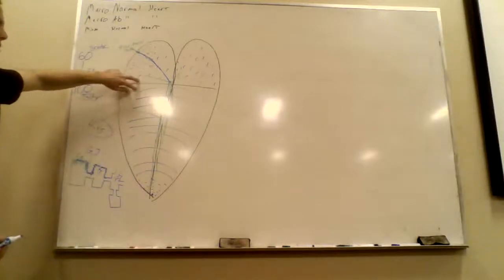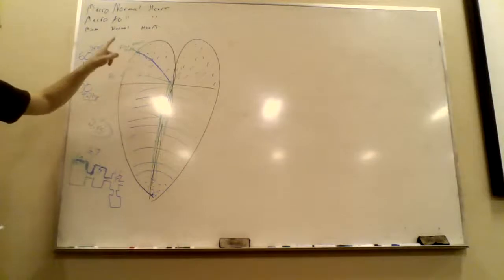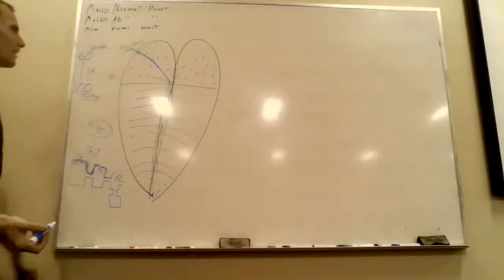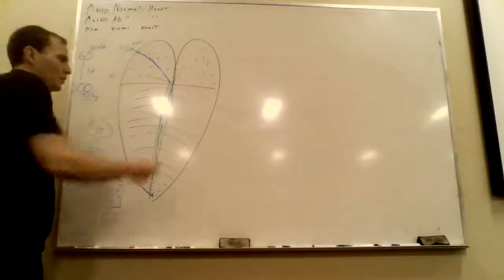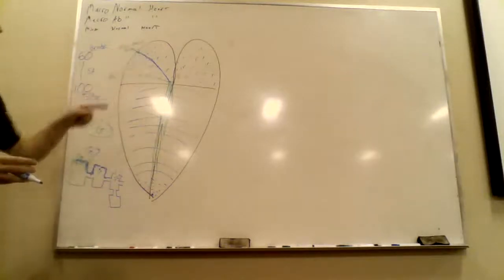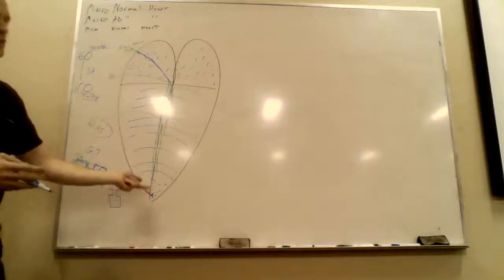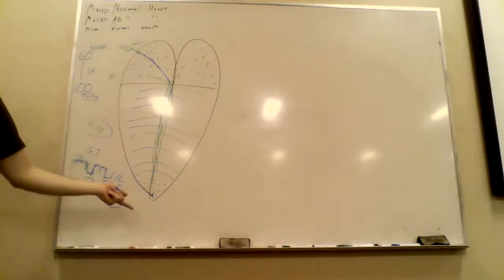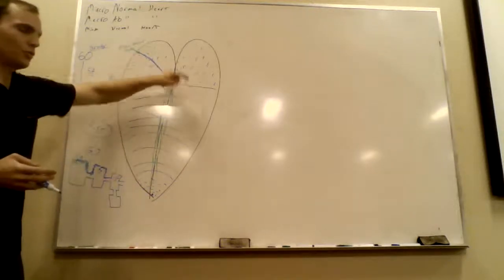There are no gap junctions, notice, between the atria and the ventricles. But through the SA node, the AV node, and the bundle of His, the same originating impulse is what eventually starts it down at the tip of the ventricles. But the atria and the ventricles don't talk to each other.